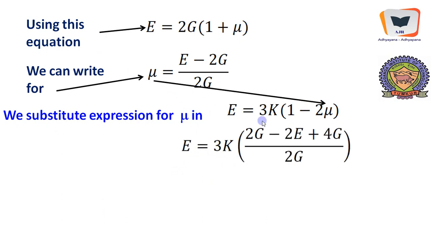Therefore E becomes 3K into (1 minus 2 times mu).